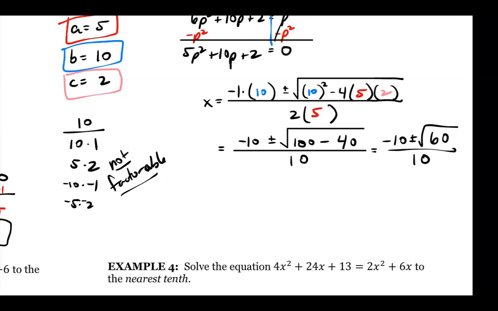Okay. So now I go to my calculator and I figure out what is the square root of 60. 7 point something because it's going to be close to 64. Square root of 64 is 8. It's a little bit less than that. So it's going to be 7.745.